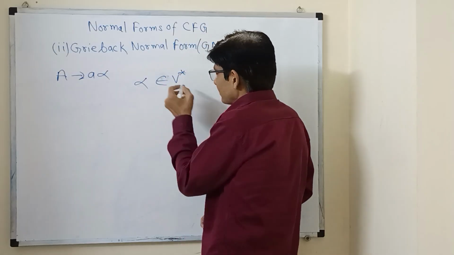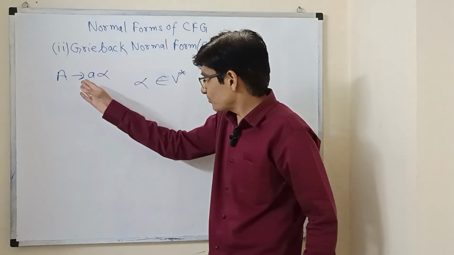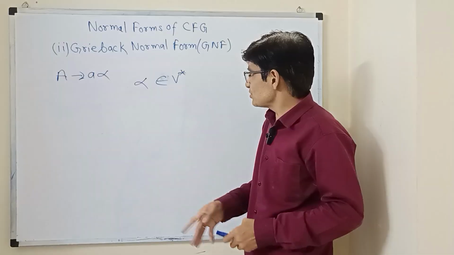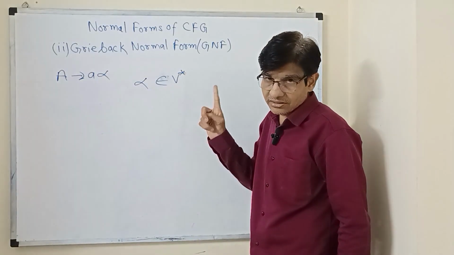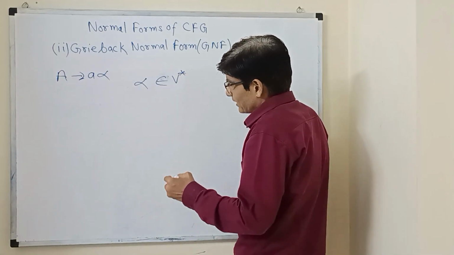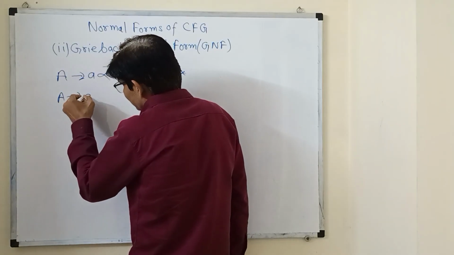So only these kinds of productions are allowed in GNF, and as you can see, alpha is the Kleene closure of variables, so it may be epsilon also. In case it is epsilon, it will become A gives small a.